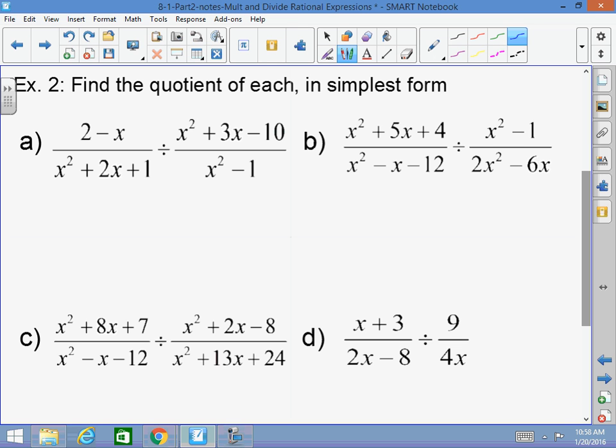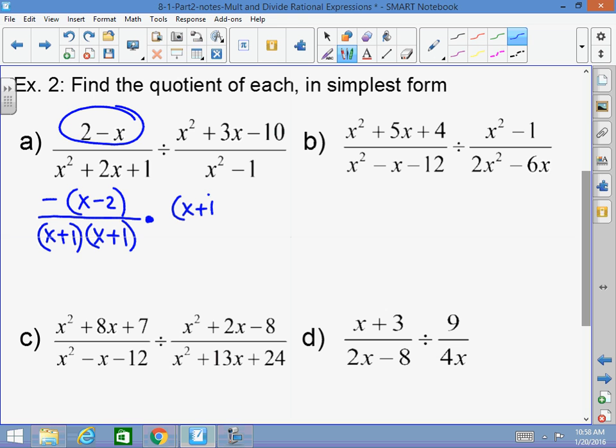So, first of all here, I'm going to factor out a negative, right? So stay, but I factor out a negative. Stay. I'm going to factor this out. X plus 1, x plus 1. Change to multiplication. Flip. So x plus 1, x minus 1.